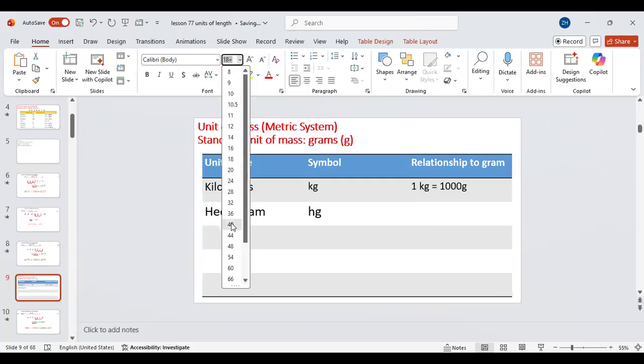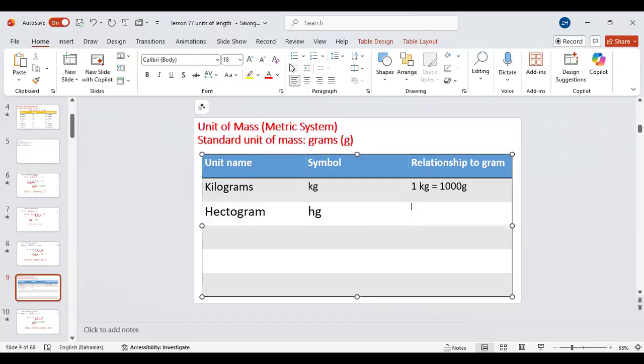One hg is equal to what? 100 grams. Very good. Then we're going to move on to, y'all gotta help me, the decagram.